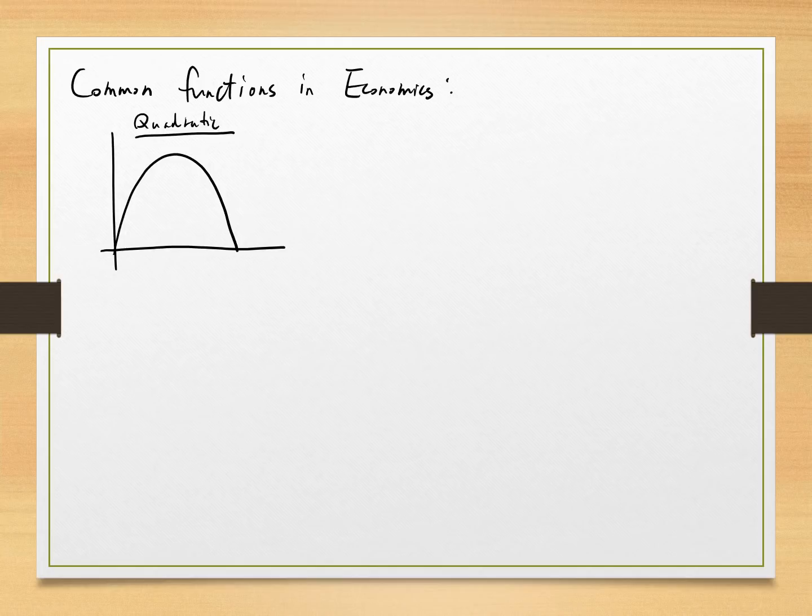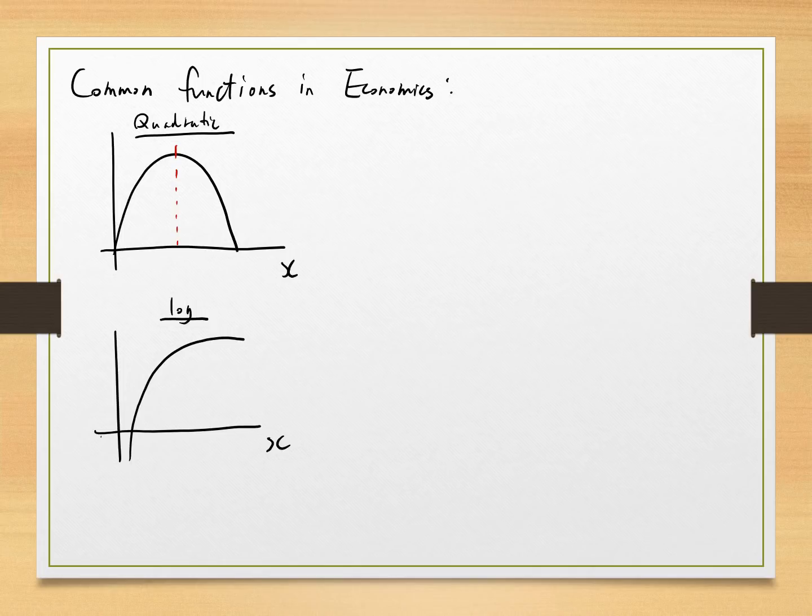Quadratic is attractive because it has a single maximum, right? That's one reason. There's another reason, which is the way that it is going up. Let me give you the other ones that are very popular. The other ones that are popular include the natural log. So log is very common.